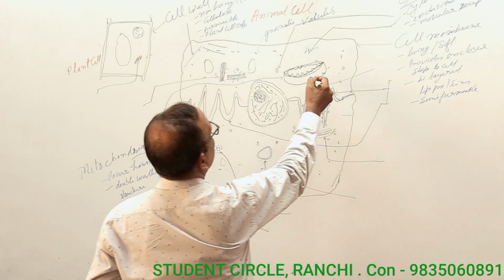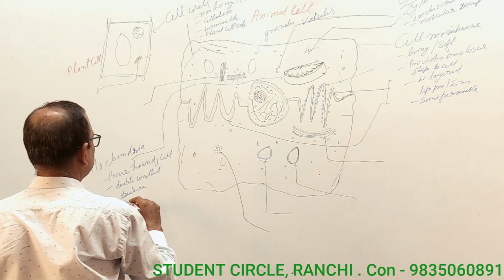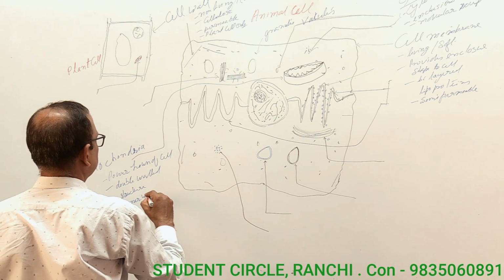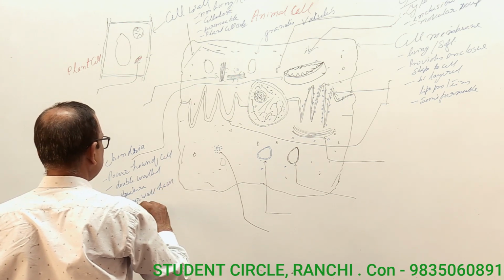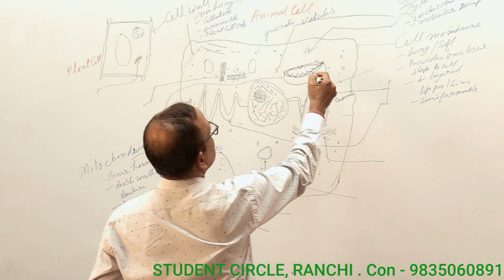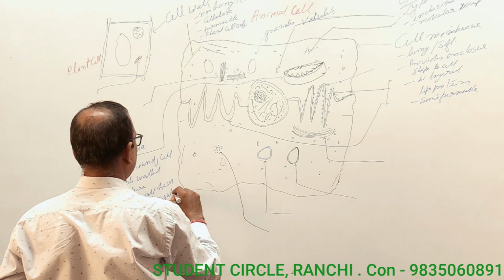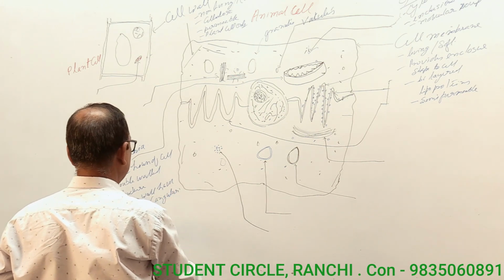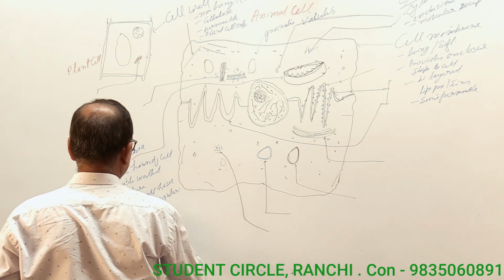You can see the outer wall and inner wall. The inner wall has folds like this, angular folds, called cristae.